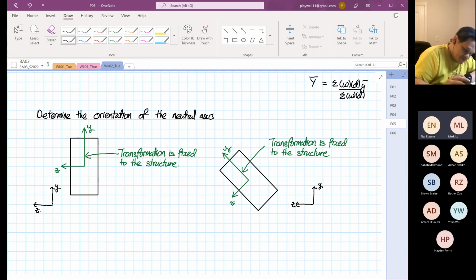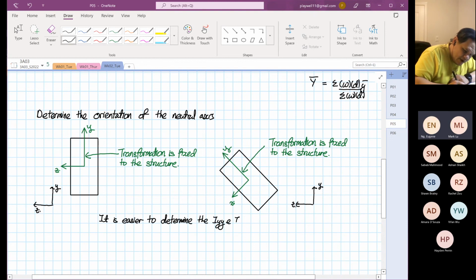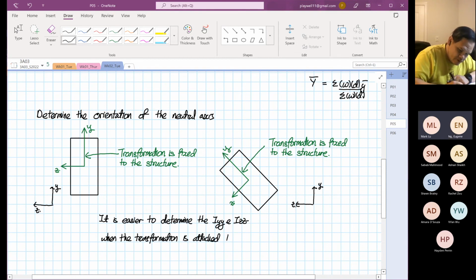This is basically because it is easier to determine the IYY and IZZ when the transformation is attached to the structure.